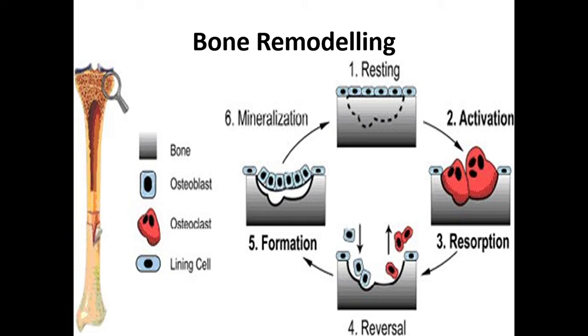And we have this process of apoptosis wherein the cell will undergo self-destruction, or cell suicide. This is a normal process that the cell will undergo to prevent overpopulation of bone cells in the body.